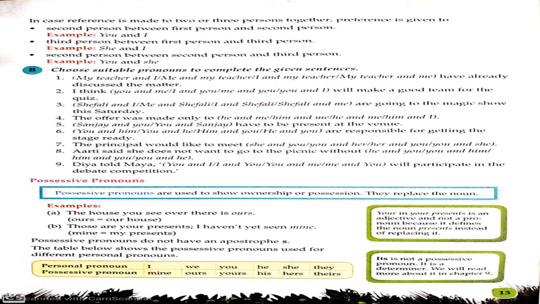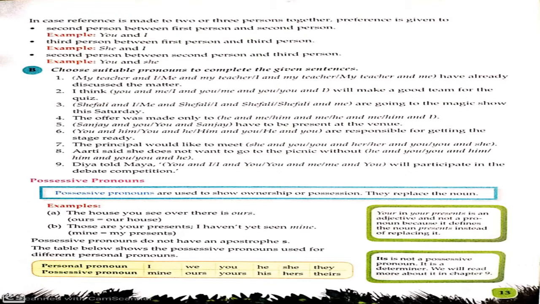Now next, third person with the first person. When a third person is involved with the first person, the third person will be used first. For example, she, they, these are all third person.